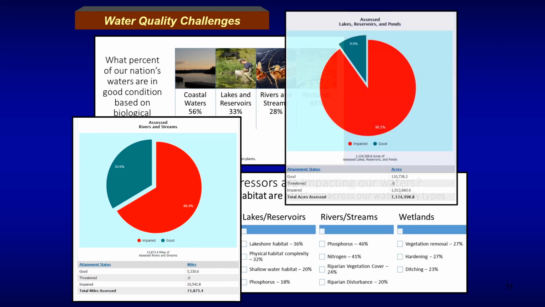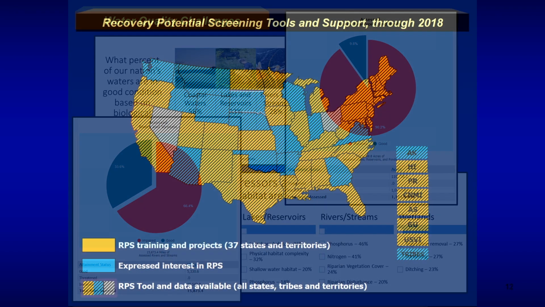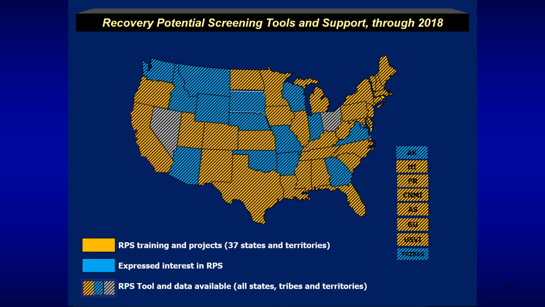To assist state water programs, the EPA Office of Water developed the RPS tool to provide a systematic yet flexible way for comparing watersheds in terms of key factors affecting restoration or pollutant load reduction. Through EPA's technical support, all states and territories have RPS tools, and RPS projects have taken place in most states and territories since 2004.